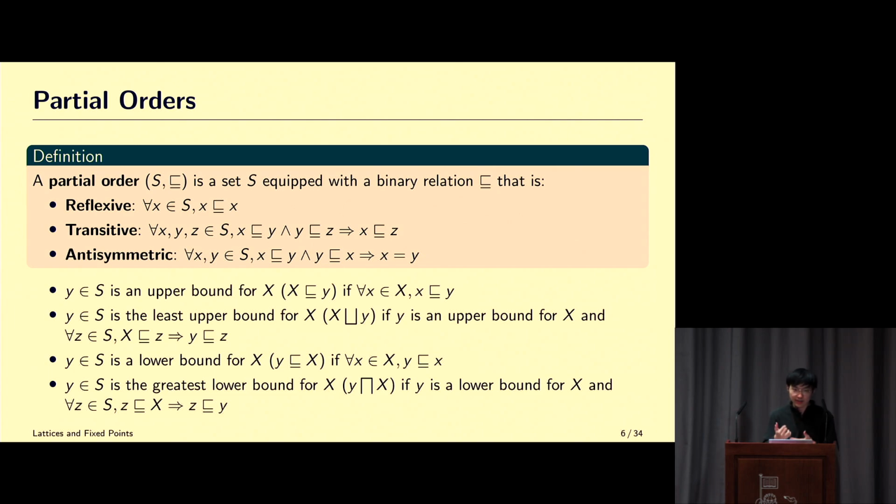For instance, a subset relation is a partial order. And something is an upper bound for a set if, within that partial ordering, everything in that set is less than that thing. Then you have the concept of a least upper bound and a greatest lower bound. A least upper bound just means that every other upper bound is greater than that upper bound.